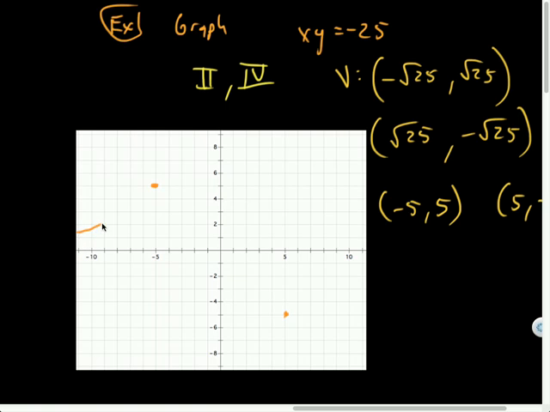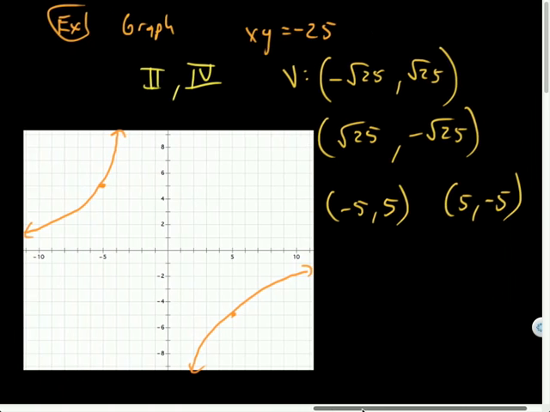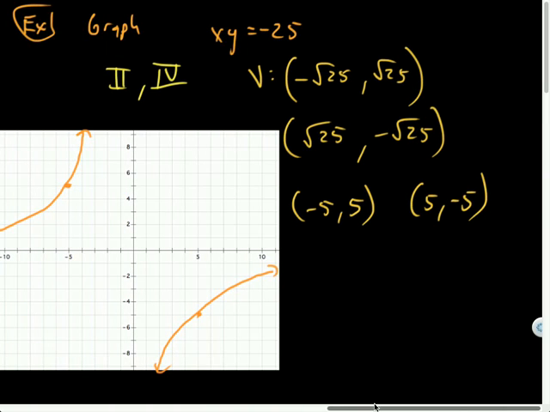So this one is asymptotic that way, and this one. So as I get further and further to the right, this is going to get closer and closer to the x-axis and never reach it. Right? This one would eventually get closer and closer to the y-axis and never reach it. So it would look kind of like that. So that's kind of the idea of how you do that. It's not too crazy.